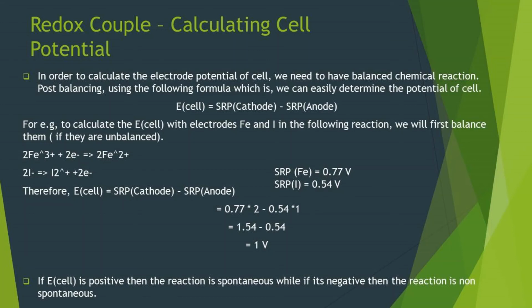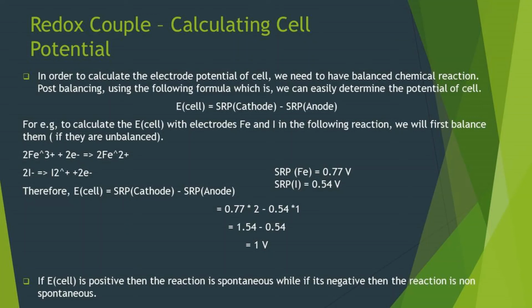In order to calculate the potential of a cell, we need to have a balanced chemical reaction. After balancing, using the following formula, we can easily determine the potential of the cell. Potential of cell is equal to SRP of cathode minus SRP of anode.